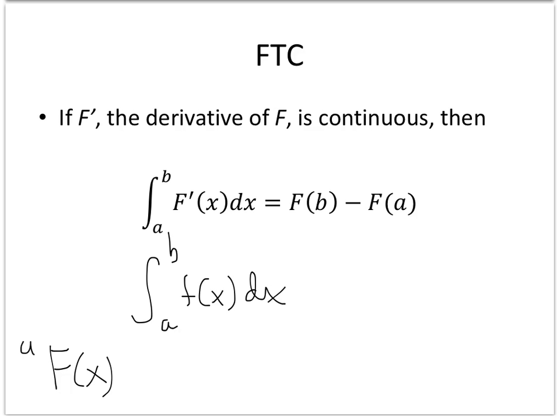So that's my antiderivative, where this is the derivative. It's a little confusing in the beginning, but once we keep doing these, you'll get used to it. It's just saying find the antiderivative, evaluate it at my interval points, and then subtract.